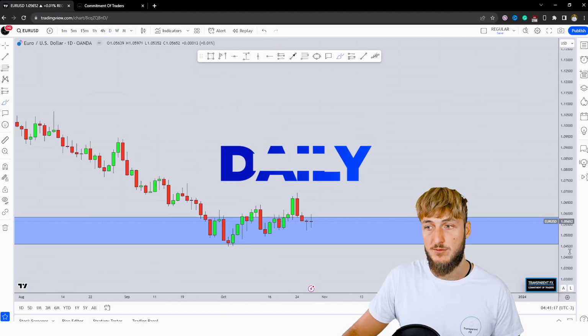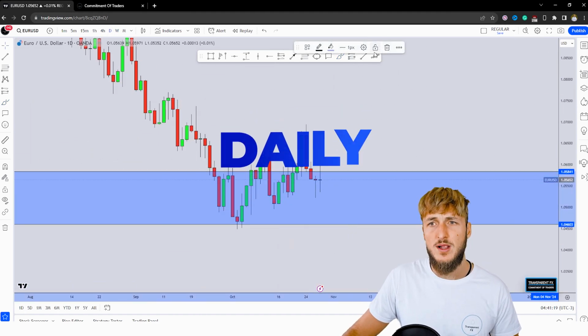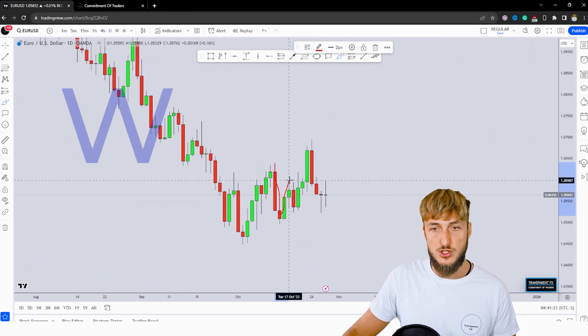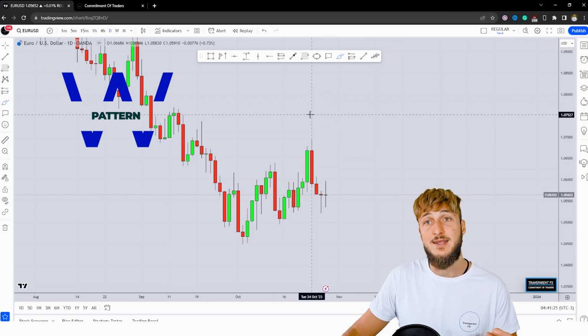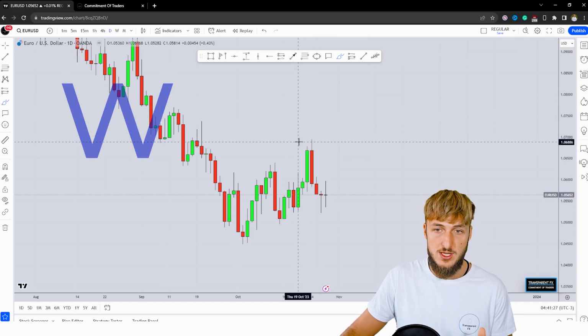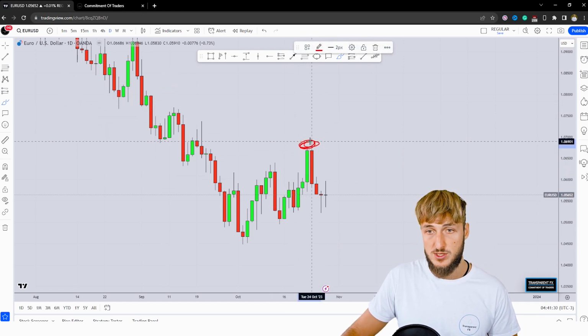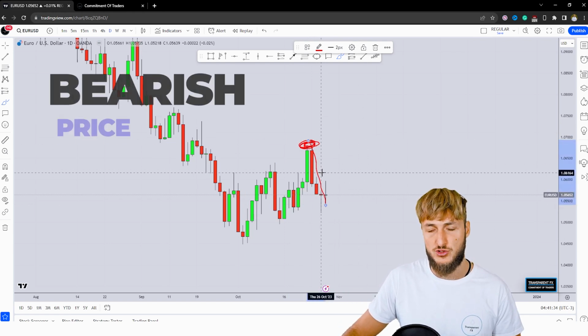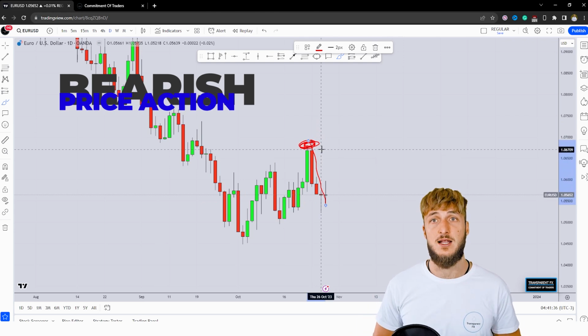Dropping down on the daily time frame, what do we have? Well, from a daily perspective, what we can see is that we did have the creation of this W formation, and in fact, I did make a full breakdown of EURUSD a few days ago when the market was here, and I explained all the reasons for which from here we could expect this rejection to the downside. And in fact, that is exactly what the market gave us.